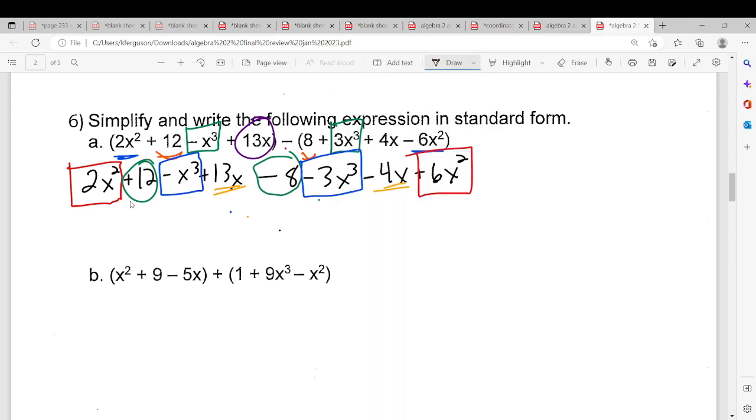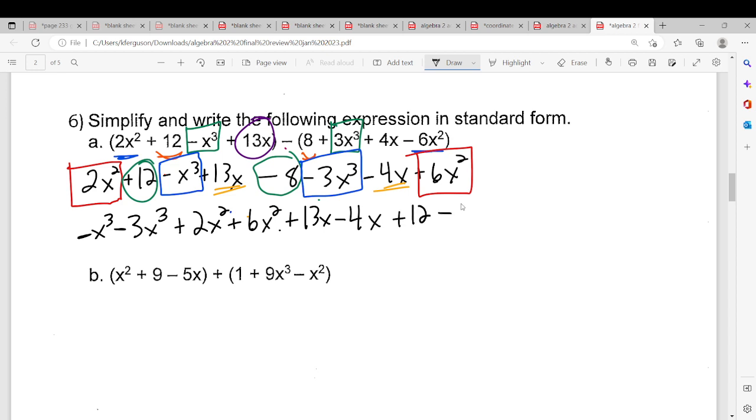So when I do that, I get negative x cubed minus 3x cubed, and then plus 2x squared plus 6x squared. Then my x's plus 13x minus 4x. And then my constants plus 12 minus 8.